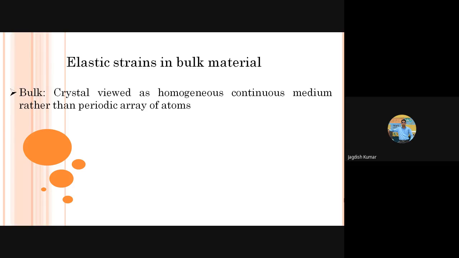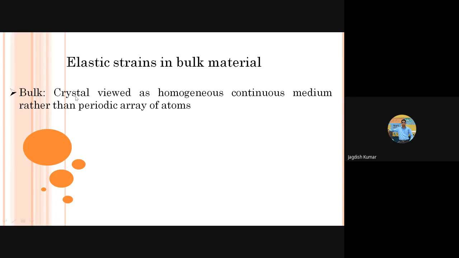But the literal or conceptual meaning in this context, or from the condensed matter physics point of view, is that bulk refers to a material which is considered as a large size or large scale material. And the bulk material itself, when it is treated within the continuum model, we assume it as a homogeneous continuous medium rather than a periodic arrangement of atoms.